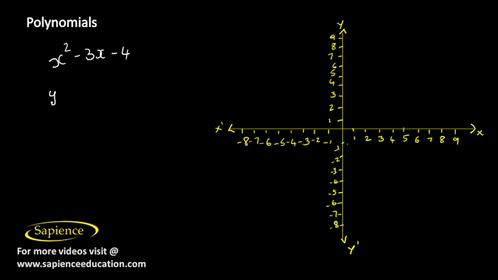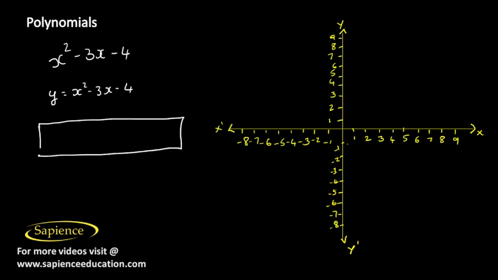So we'll take y is equal to x square minus 3x minus 4, and when we draw the x and y values, we can consider minus 3, minus 2, minus 1, 0, 1, 2 and 3.